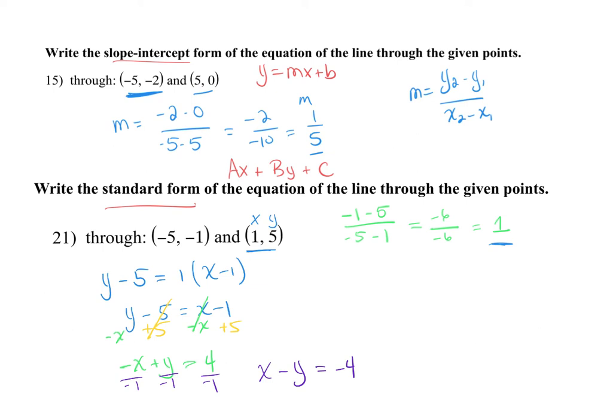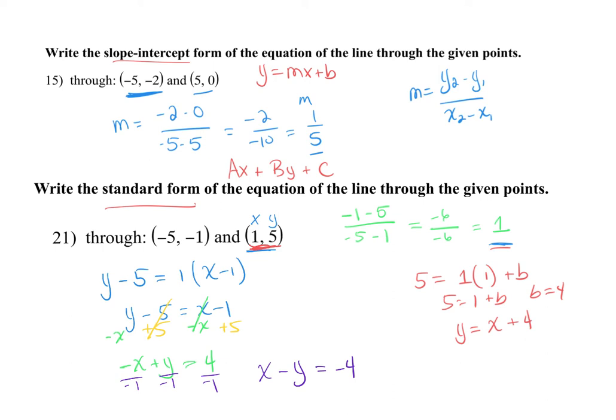If you did it the other way, let's say you did y equals mx plus b. Again, using this in my slope, I would have y, that's 5, equals m, that's 1, times x, that's 1, plus b. All right, you get 5 equals 1 plus b. b is going to equal 4. And so you have your y equals m, that's just 1x, plus b, which is your 4. This is still not standard form.